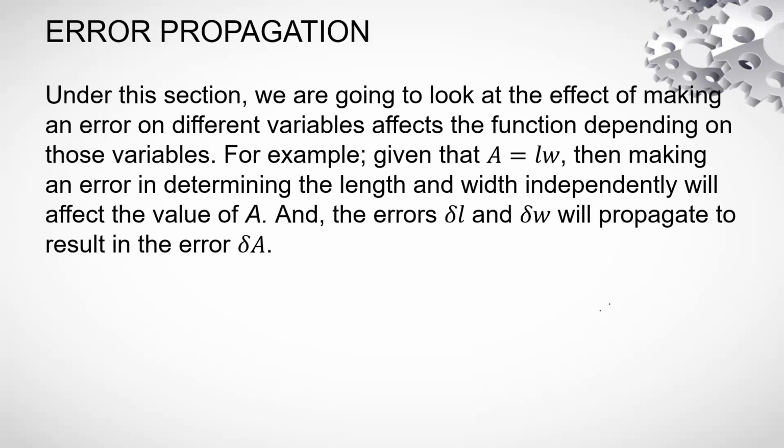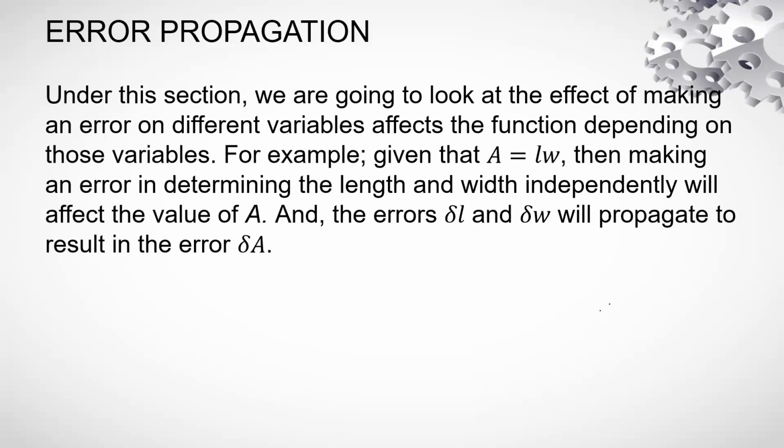So in other words, you will determine the area, let's say of a rectangular field. Let's say there is an instrument that measures the area of the field, and you note it down. Then you also measure the length and the width of that rectangular field, and you multiply them to give you the area.